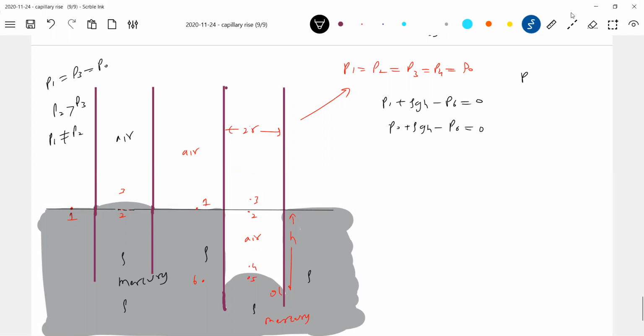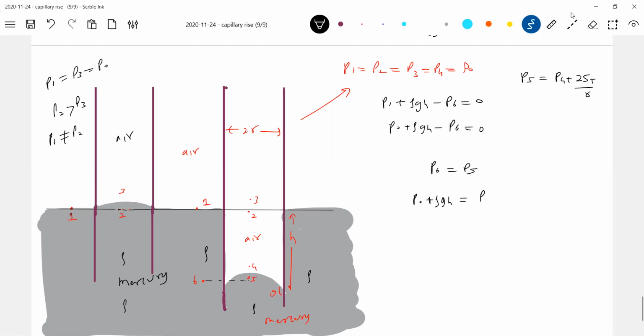Pressure at 6 should be equal to pressure at 5, because if you draw a horizontal line in static liquid, pressure at 6 is P naught plus rho g h.